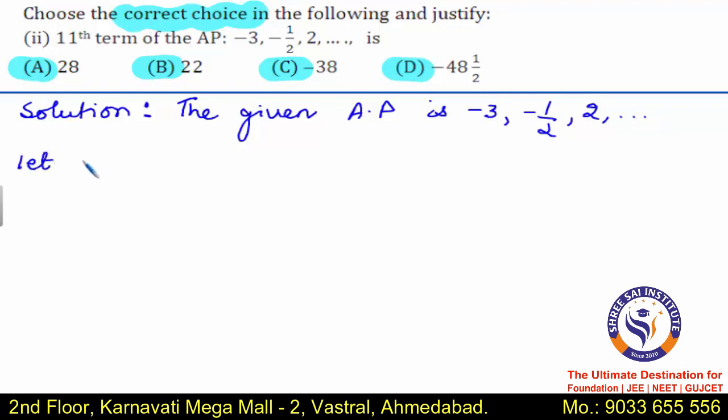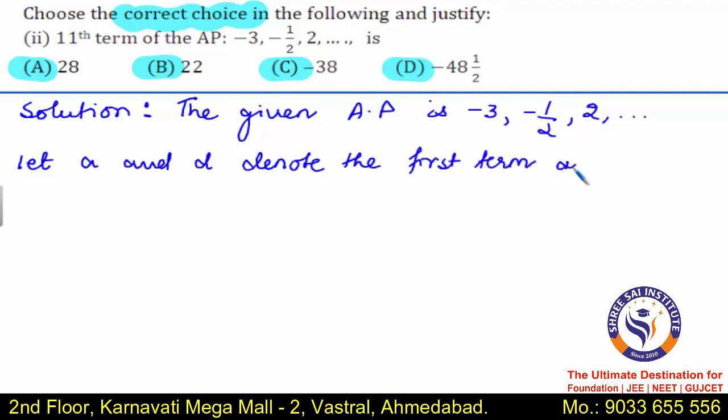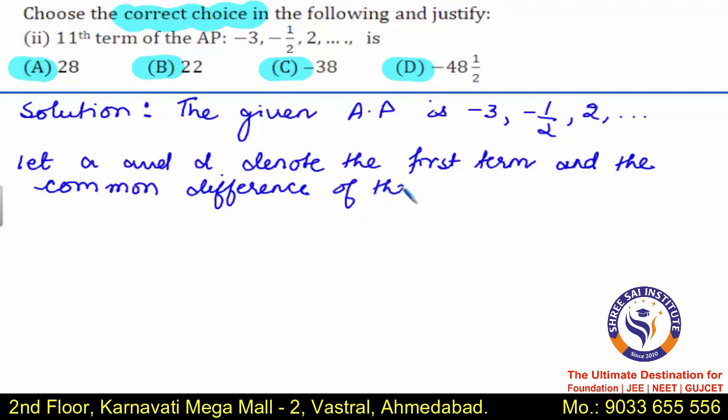Let A and D denote the first term and the common difference of the given AP respectively.